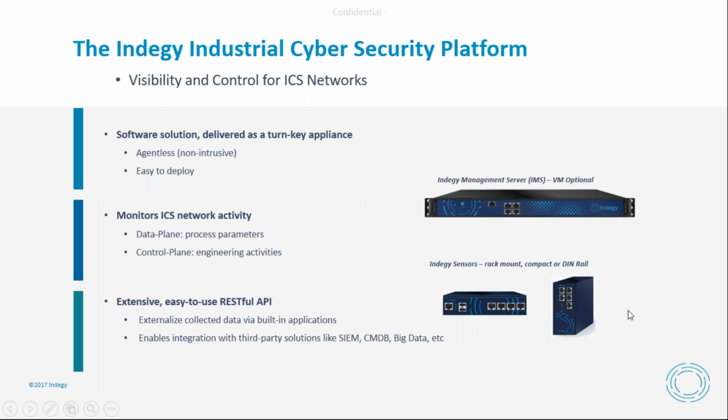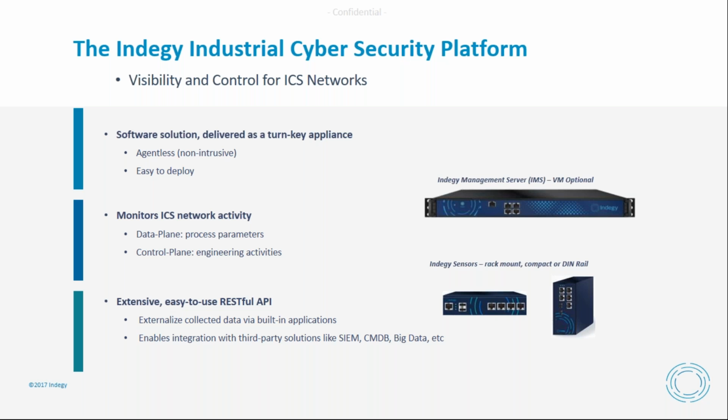All right, so we're going to get into the system itself. InDig has a cybersecurity platform, and it consists of a few pieces of hardware and software, and really it's just software implemented on a hardware platform for ease of use. Their software goes on a management server, so it's very easy.